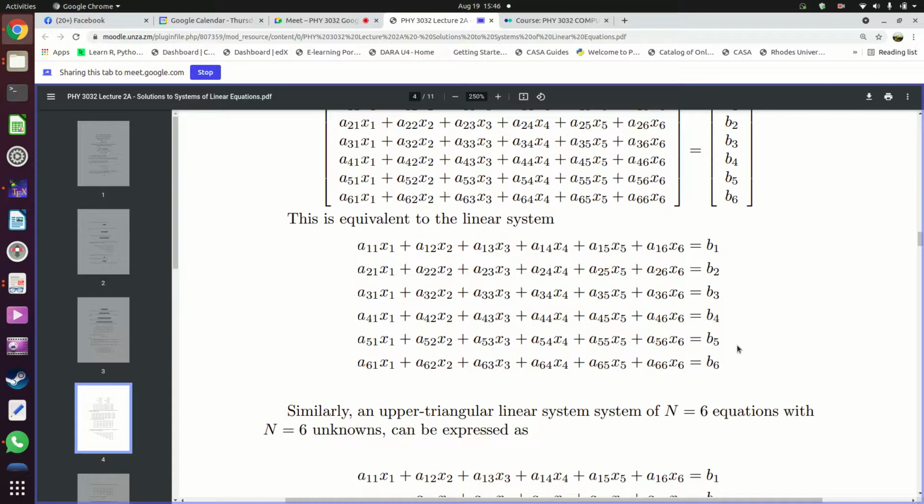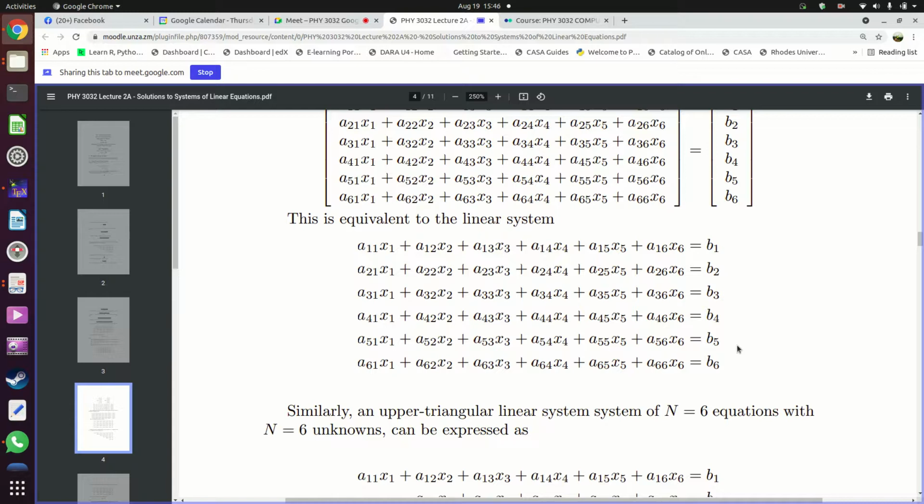We changed our system of six linear equations with six unknowns into a matrix product of AX equals B. That matrix product AX equals B is the same as what we had before. They're not identical, but they're equivalent, since they don't look exactly the same. Is that clear? Yes, it's clear.